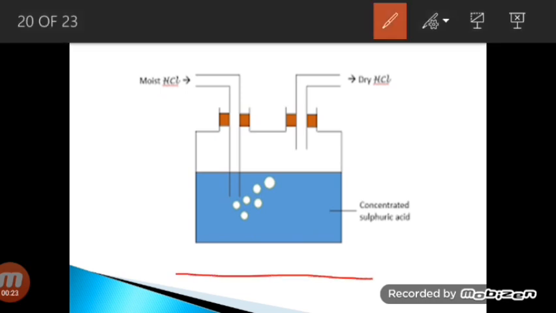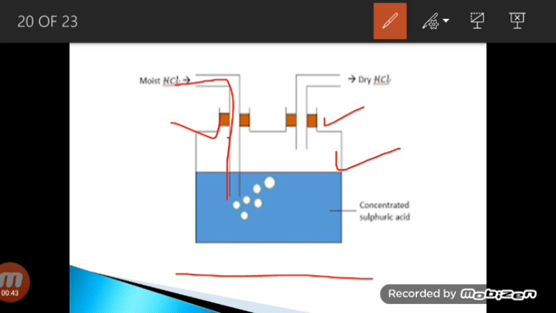This is its setup. Here you can see we have used one Wolf's bottle. It has two openings and two delivery tubes. One is inside the concentrated sulfuric acid, the second one is hanging. You should not dip both of them in the concentrated sulfuric acid. Why?